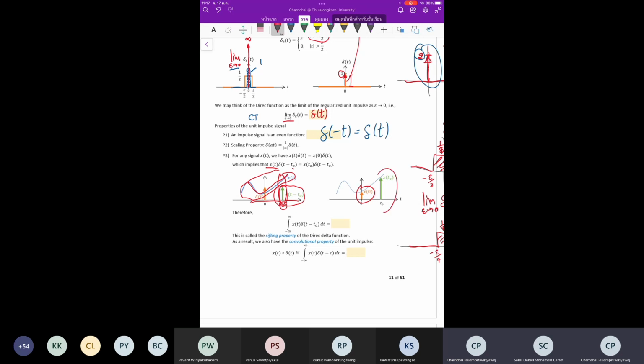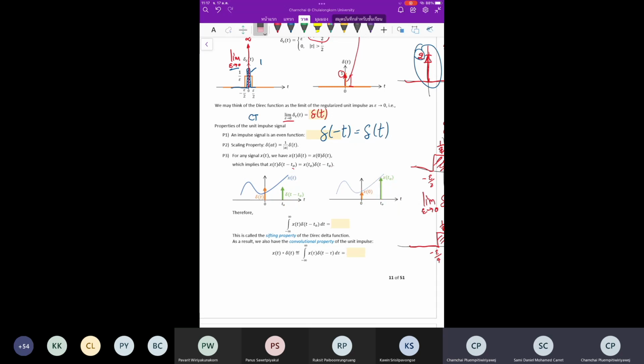You get delta t minus t naught multiplied by x at t naught.